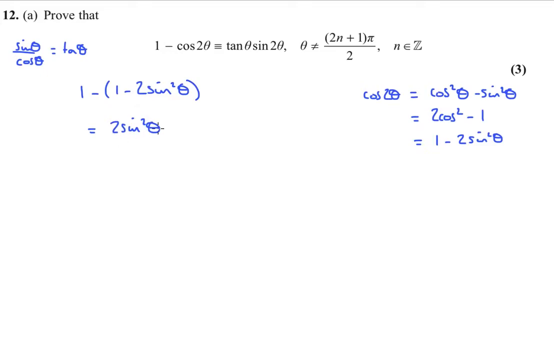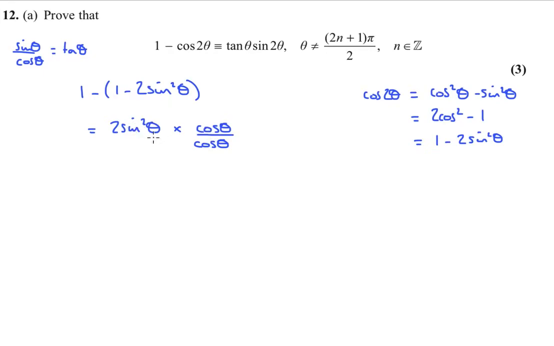But I can't just times this by cos theta or divide it by cos theta, because that's going to change its value. So what I can do is times by 1. But my 1 is going to be disguised as cos theta divided by cos theta.